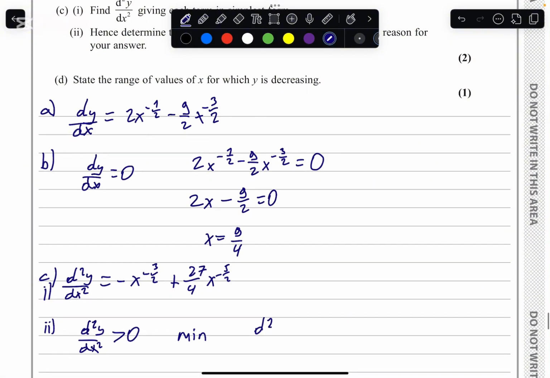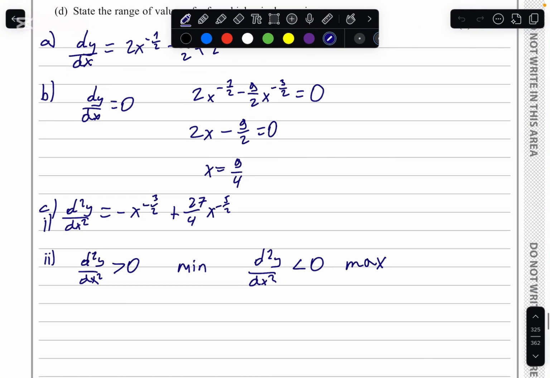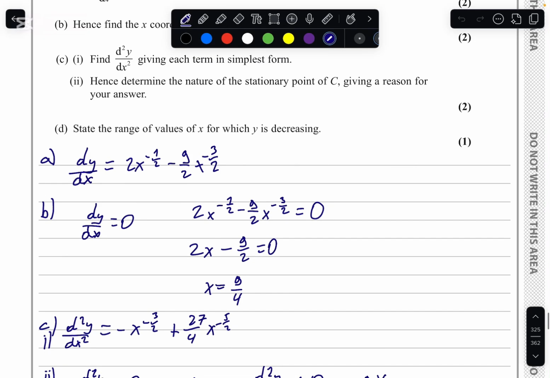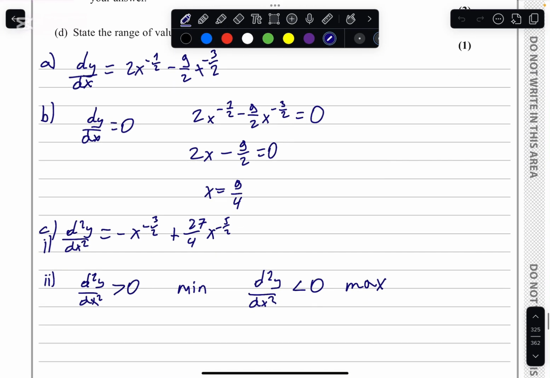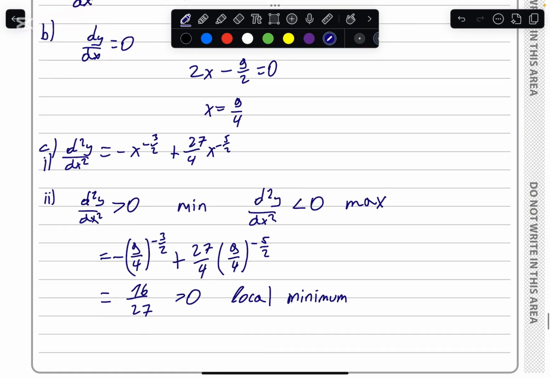And if the second derivative is smaller than 0, then it's a maximum. Using this, we can find the nature of the stationary point. We just substitute 9 over 4 into the equation, and we get an answer of 16 over 27, which is bigger than 0. So it's a local minimum.